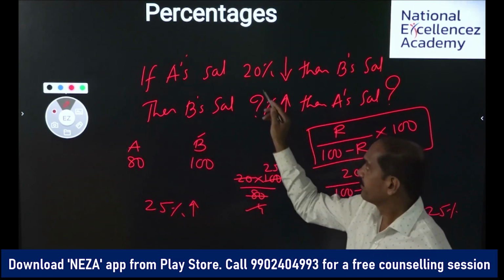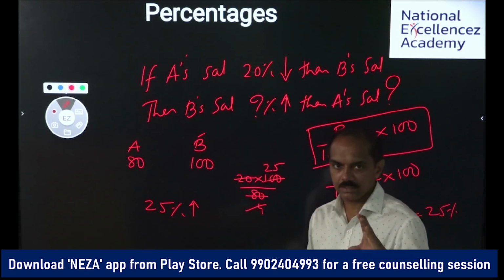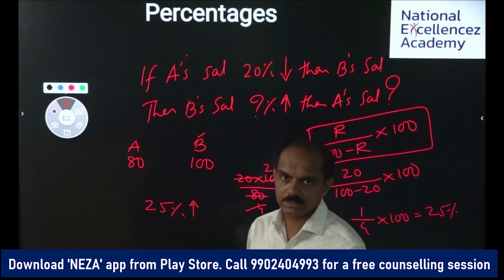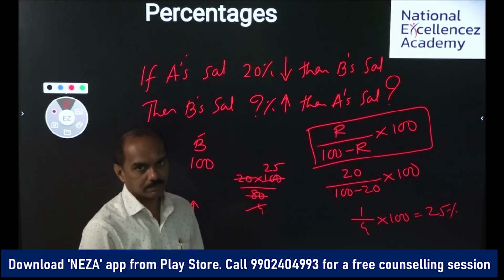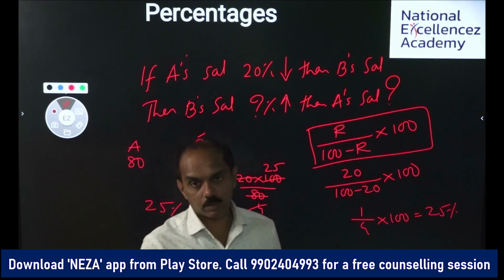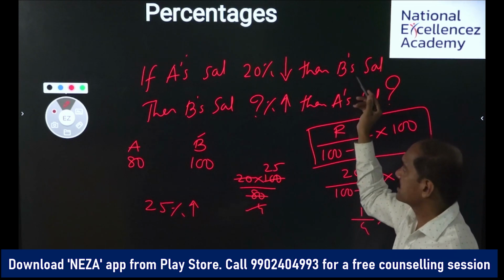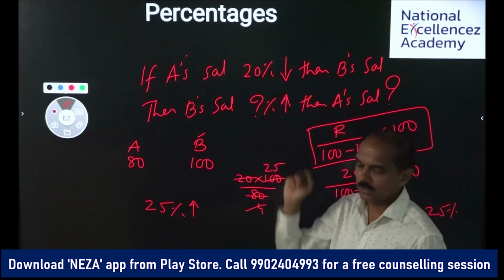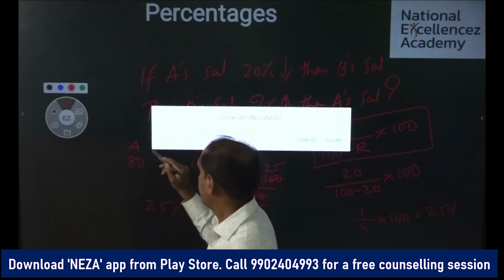One is, as I already told you, when the price is increased by some percent, by what percent its consumption should be reduced by the consumer. And one more case is A's salary is 20% less than B, B's salary is what percent more than A. In both these cases, we can go with this formula.